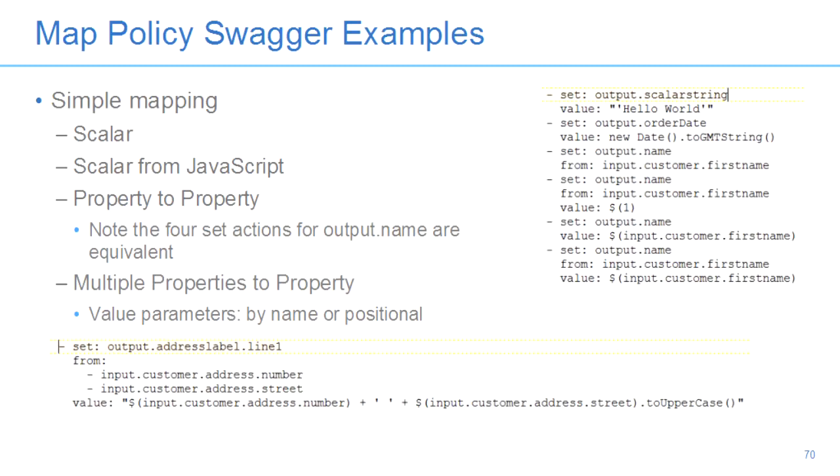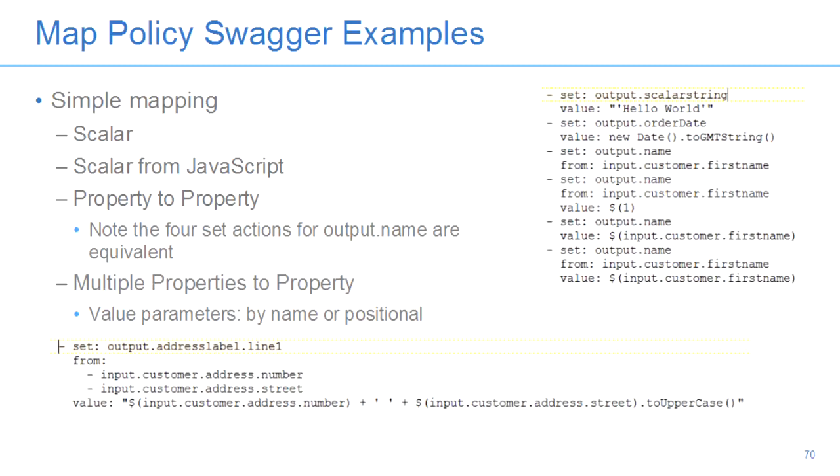You can actually use multiple properties to output to a property. So this is more in line with what I had shown earlier based on the UI mapping. I'm going to set line 1 of my address label. It's going to come from my customer input.number and customer.address.street.